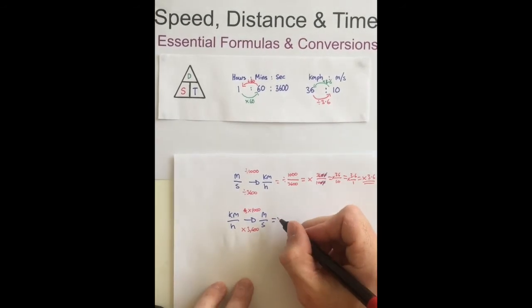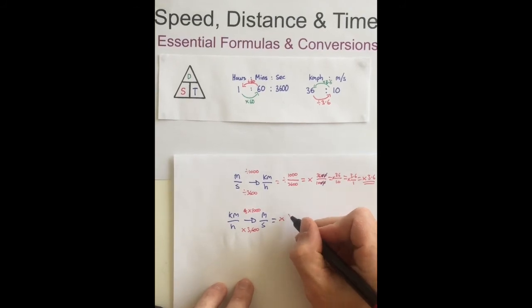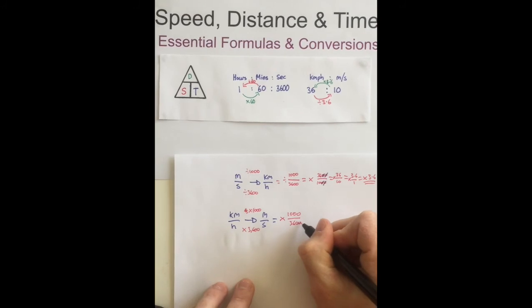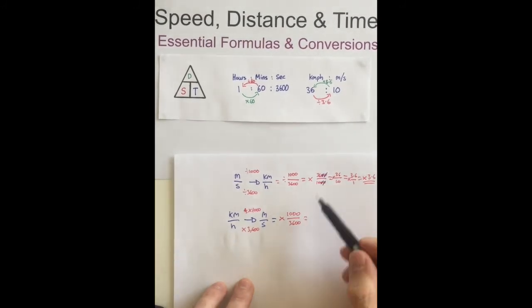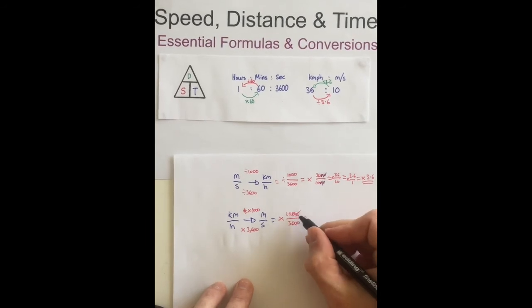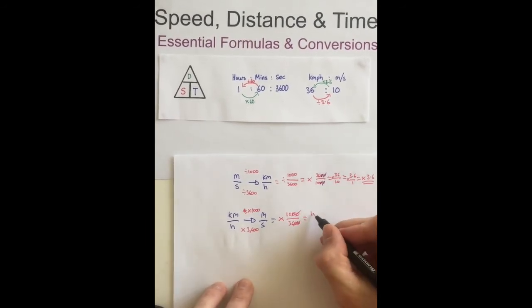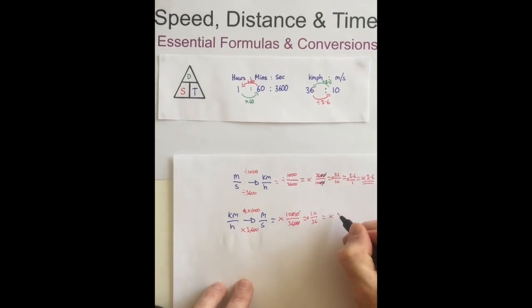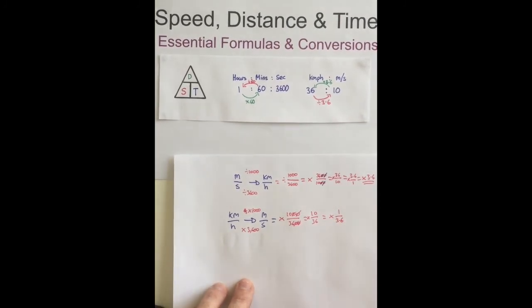We put that as a fraction, so we are timesing by 1,000 over 3,600, and you can see it's just going to be the reverse of this above. It's going to be the same as knock the zeros off, divide by 100, times by 10 over 36, which is the same as times 1 over 3.6.